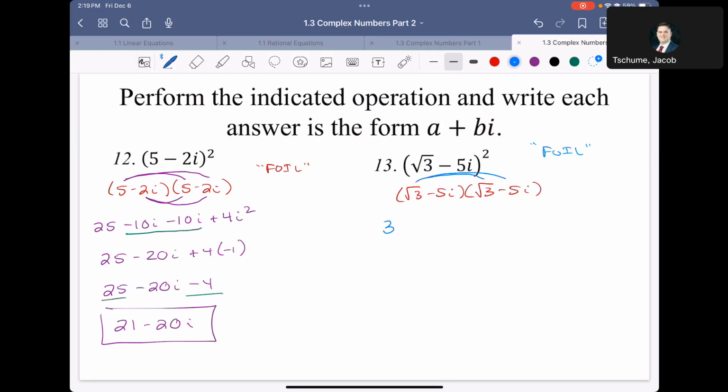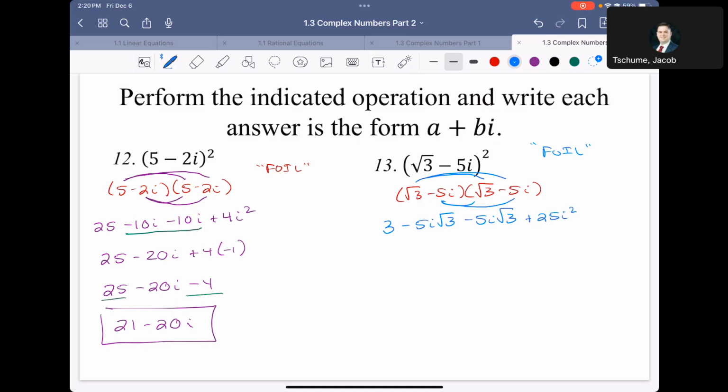For your outer term, root 3 times negative 5i is negative 5i root 3, because those don't combine very nicely, so we'll just leave them alone. And you actually get the exact same thing on your inner. Negative 5i times root 3 is negative 5i root 3. For your last, negative 5i times negative 5i would be a positive 25i squared.